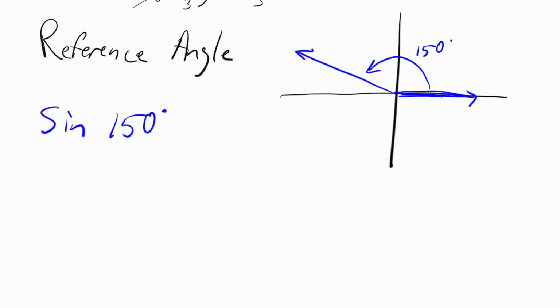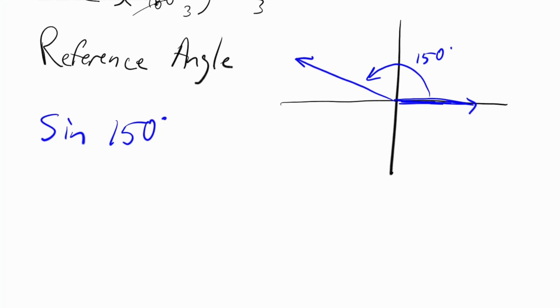Well, here's how we would do it. We would use what's called the reference angle. The reference angle is based on the x-axis and the degree measurement we get by going from the x-axis to the finishing line of our angle. So if this right here is the x-axis, the reference angle would be from that line to this one.